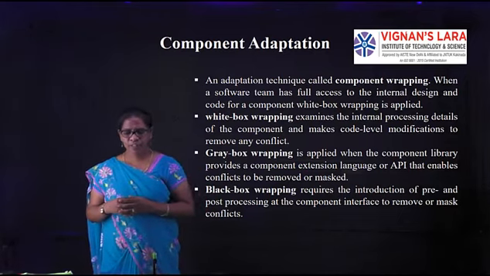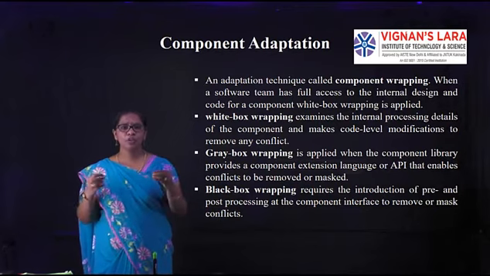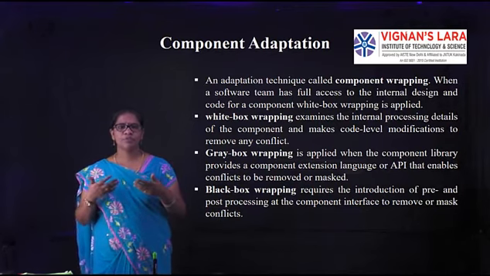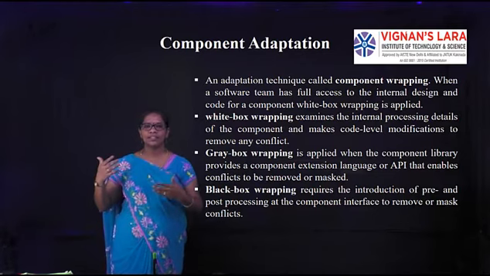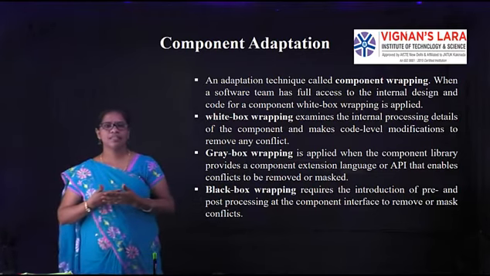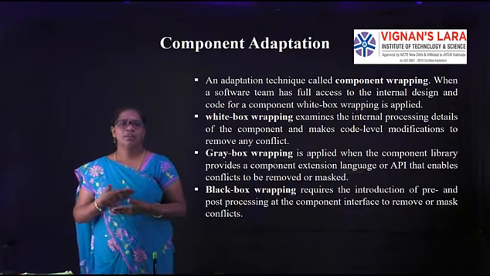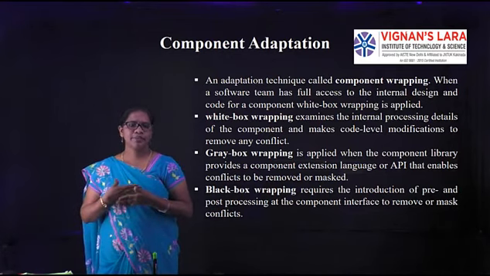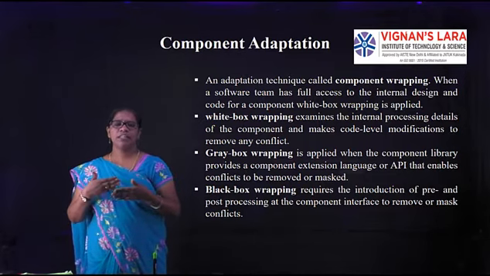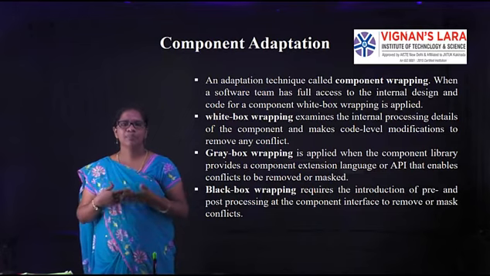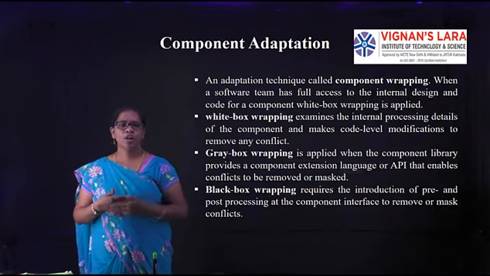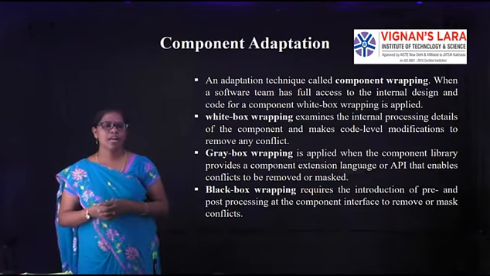If you are combining two programs, for example in C or C++, if you are writing two classes and you want to combine them, you want some interaction between these two classes. While clubbing these two programs, you may get some errors and problems. In order to remove those, gray box wrapping is used.